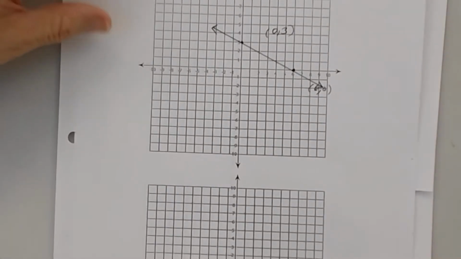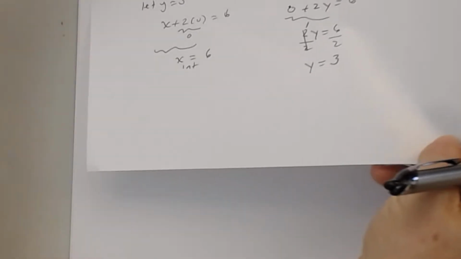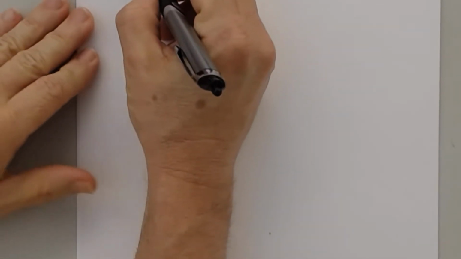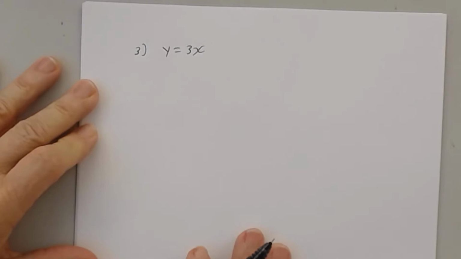Okay, now, one of the things in my math lab is going to look like this. In my math lab, it's going to be number 3. You have y equals 3x.